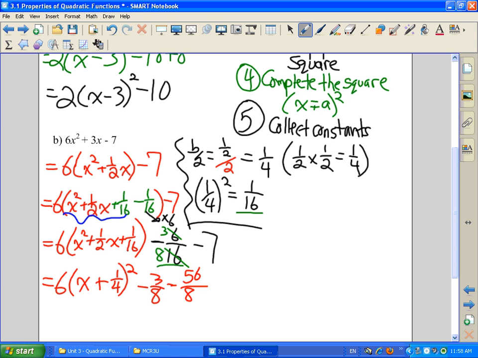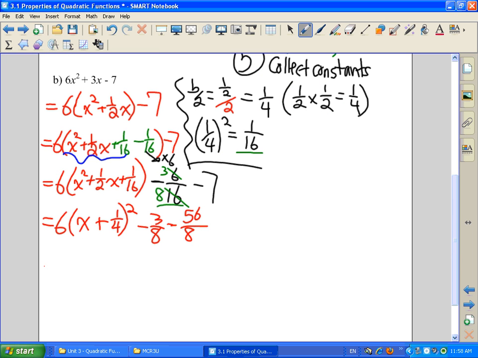Well, the negatives subtract. Okay, and then we're going to simply collect like terms. Okay, so here we go. Okay, so when we simplify this, we have -59/8.